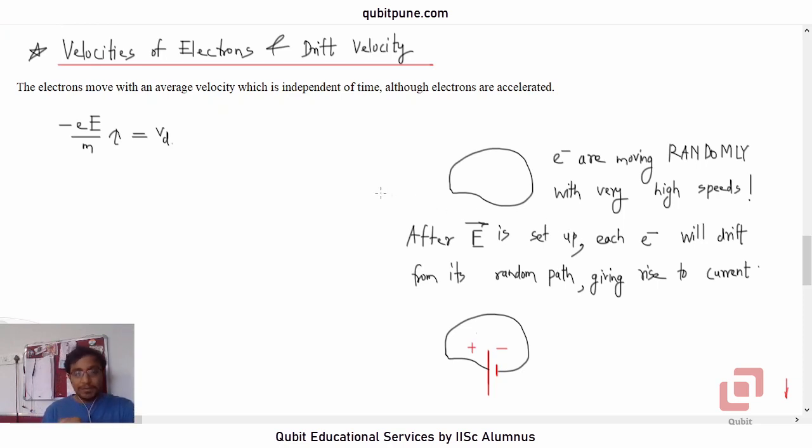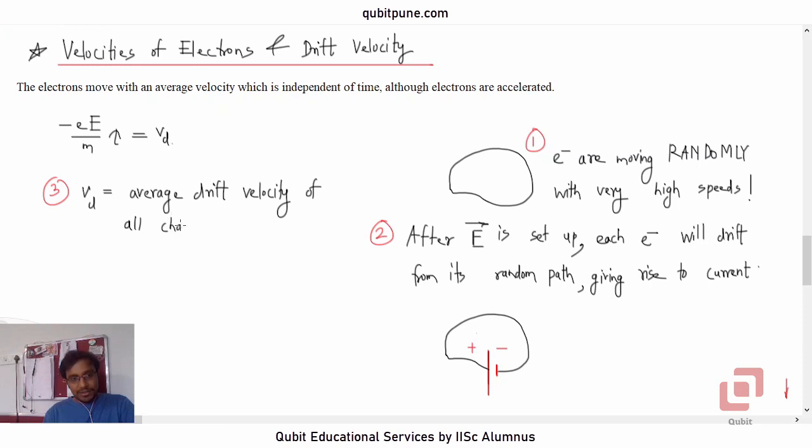So what is actually the drift speed or drift velocity? Drift velocity Vd is defined as the average drift velocity of all electrons, of all charge carriers. And this will be the same, although electrons will be having different individual velocities.